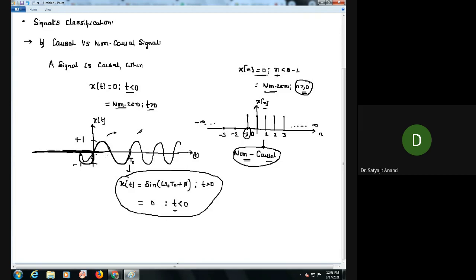So we can say that the signal is a non-causal signal. So as a simple statement: for negative time, if the amplitude of that particular variable is 0, then we say the signal is causal, otherwise non-causal.